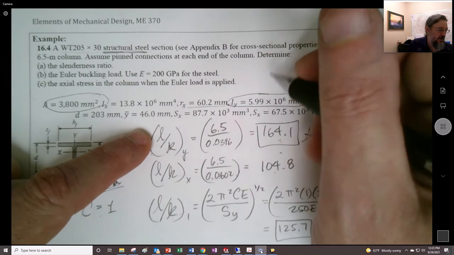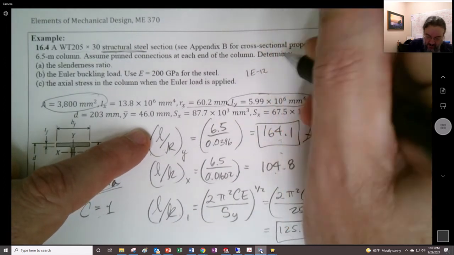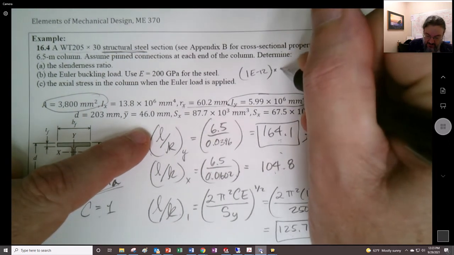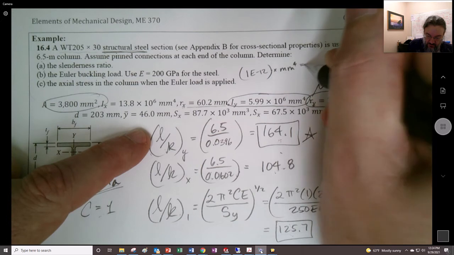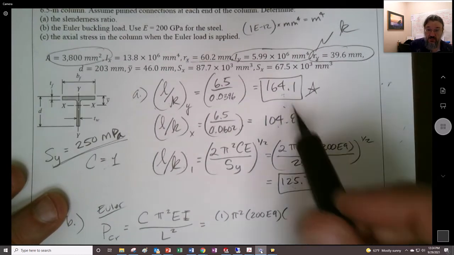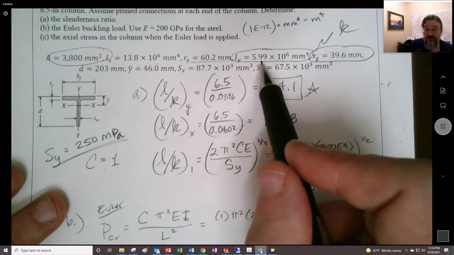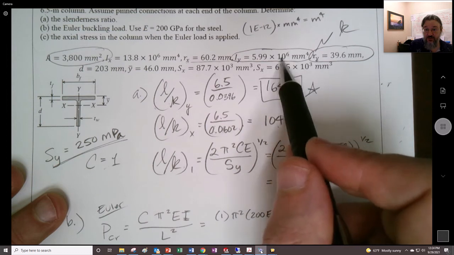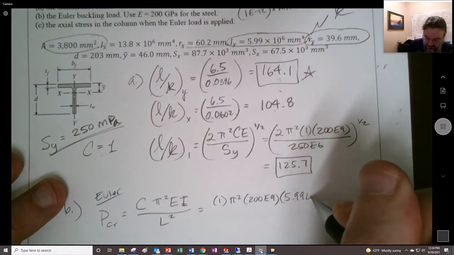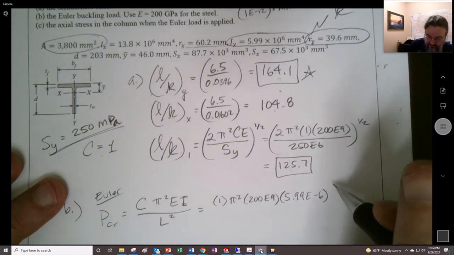So what I said as a conversion is we have 1 E to the minus 12 times millimeters fourth will give us meters fourth, right? So if they tell us that it's E to the 6 here, then 5.99 and then minus 12, and they go E to the minus 6 will be the conversion. That's useful because people do use millimeters fourth often for things.